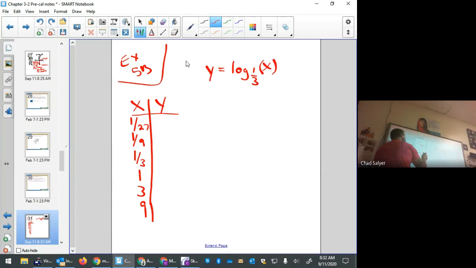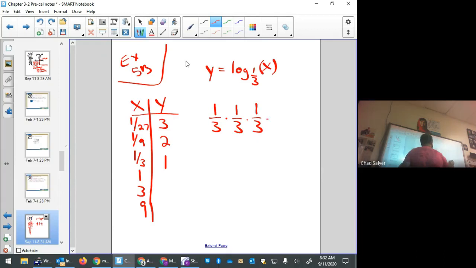So 1/27 is 1/3 to the 3rd power. 1/9 is 1/3 squared. 1/3 is 1/3 to the 1st power. Not in this case. See how it's a fraction to begin with? So that's a good question, Jesse, but let me show you why. The negative powers in this case are actually going to come in down here.